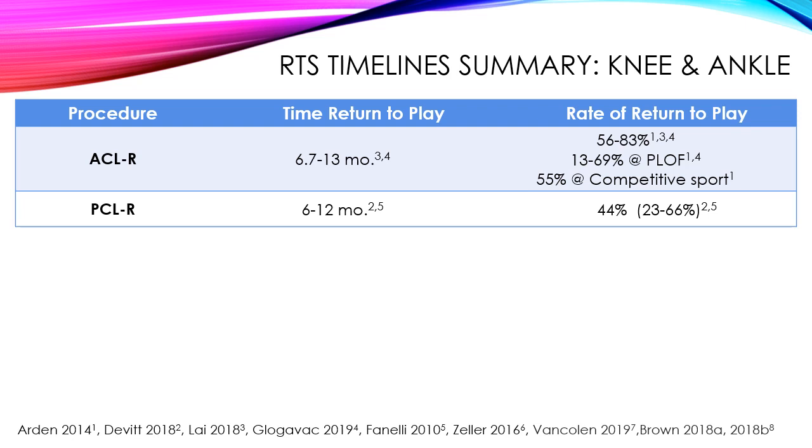But if you're really looking at those individuals that are returning to the competitive level that they once were, there are significantly lower numbers, as low as 13% and up to 69% reported for the ACL. Your PCLs consistently don't do as well. I think this is because there's not as much guidance for us with these, and there's consistently more research coming out on PCL rehabilitation.